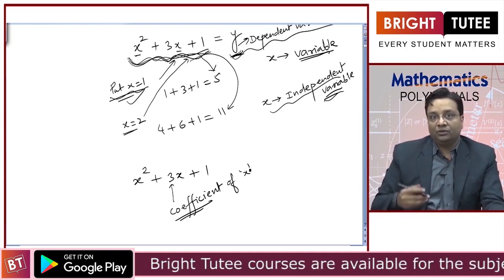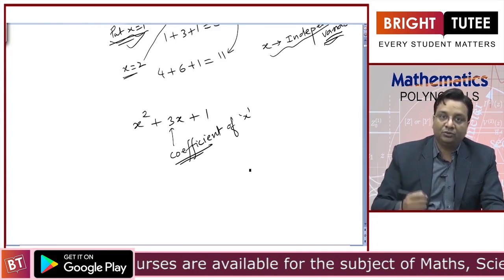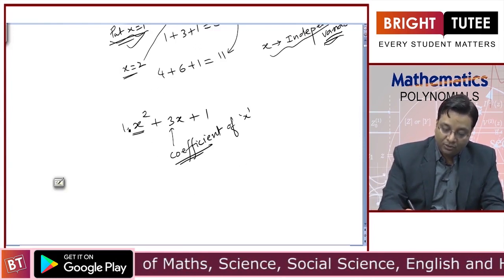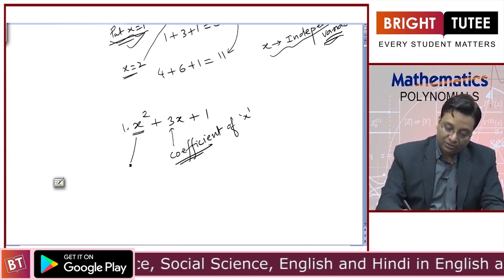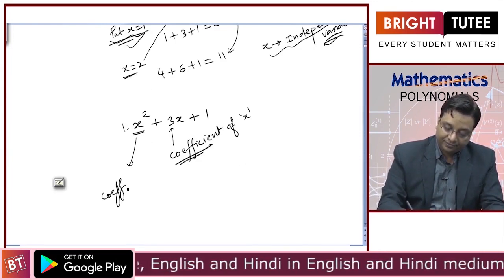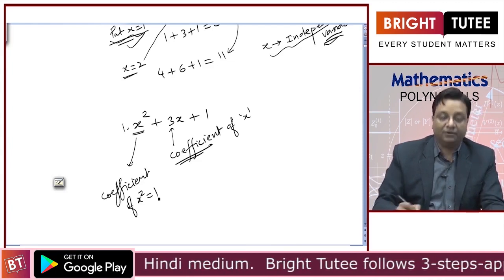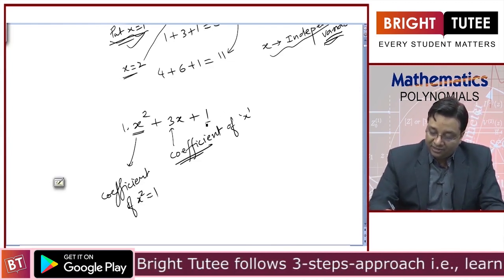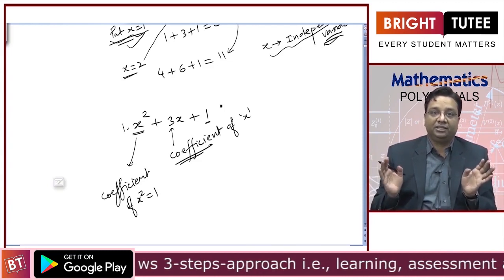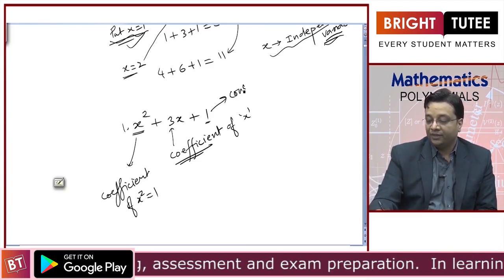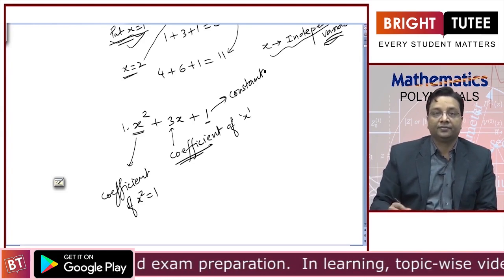Now if I ask you what is the coefficient of x square in this, you can imagine this x square as 1 into x square, right? So coefficient of x square is 1, okay. Now this term doesn't have any variable with it, okay. So this is known as constant, this is constant, okay.